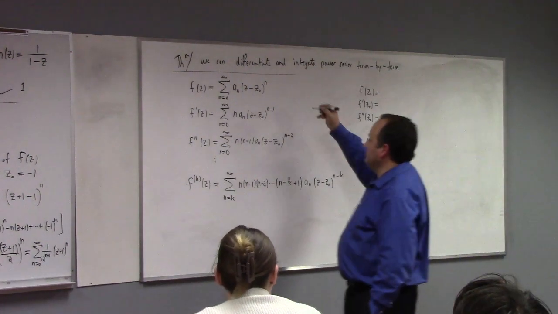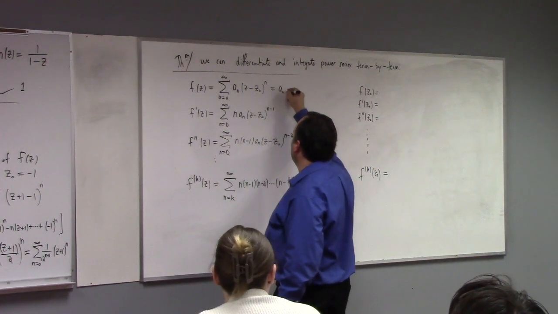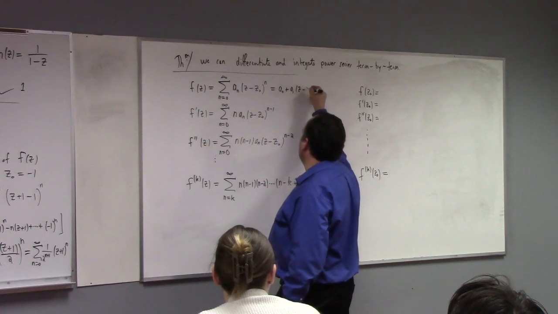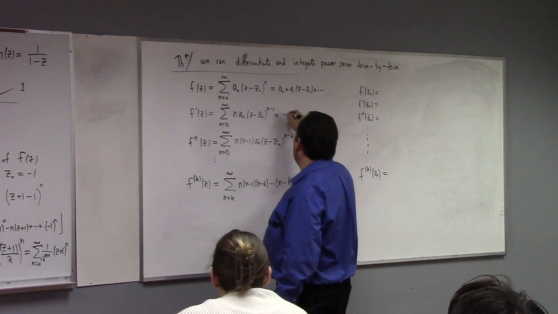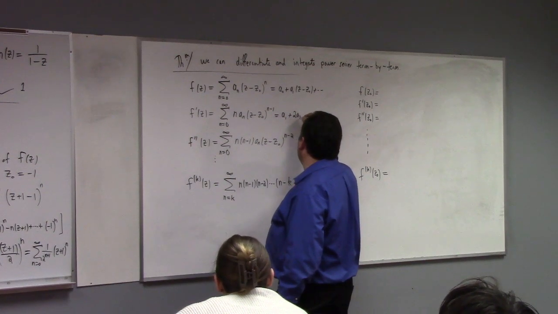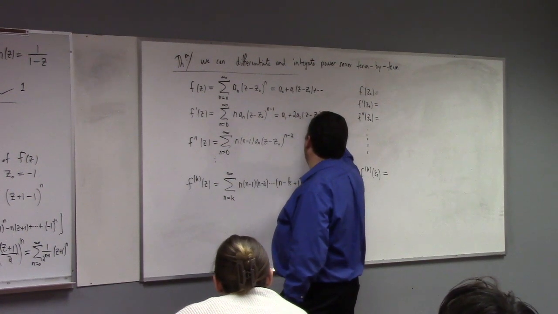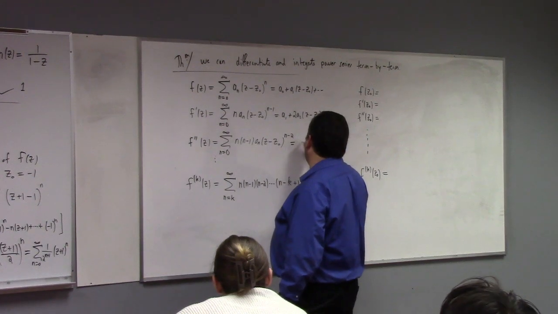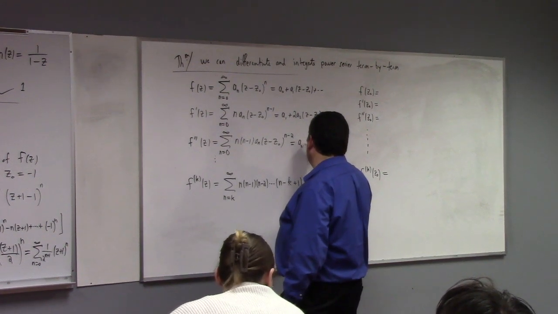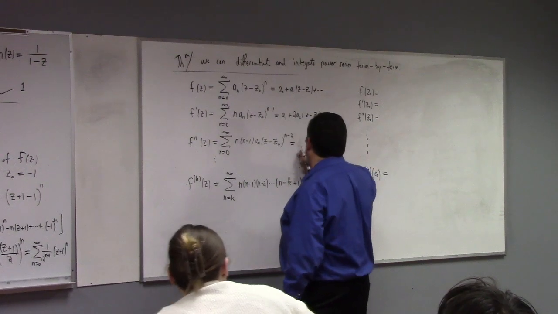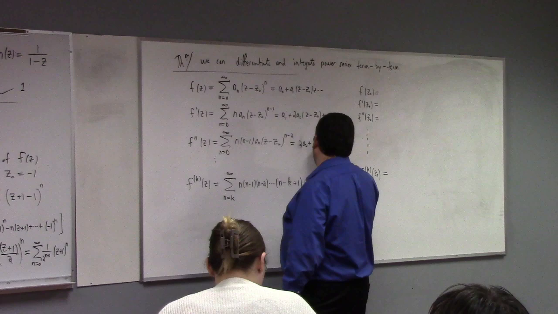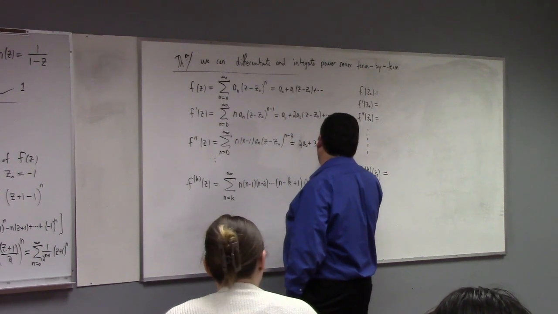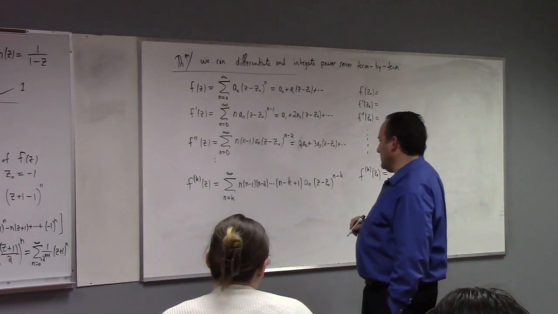Like this, more explicitly, is a0 plus a1 times (z minus z naught), right? This one is a1 plus 2a2 (z minus z naught), yeah? This one is 2a2 plus 3a3 (z minus z naught), right?